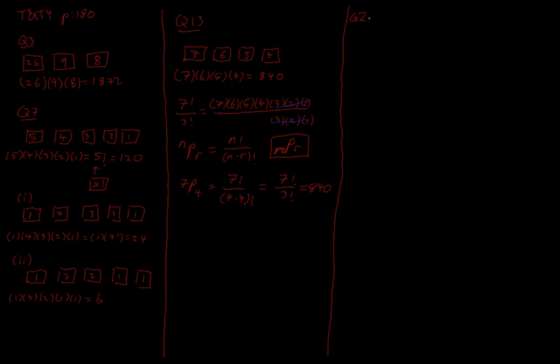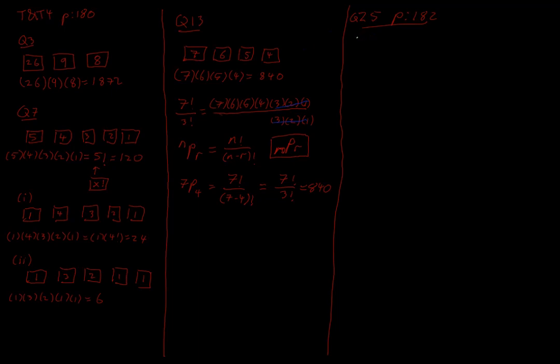Question 25, page 182. There's nothing fundamentally different about this question, but it is still important to be able to reason these things out. I'm going to use it as an opportunity to introduce why we are bothering with permutations at all as a separate topic in probability.